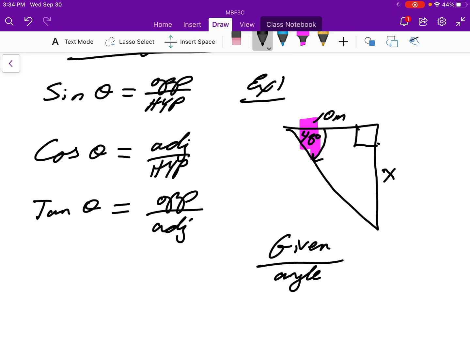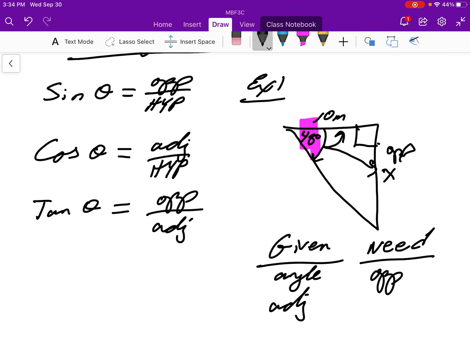We also have the adjacent side length to that angle given to us. What is it that we need? We need the opposite side.